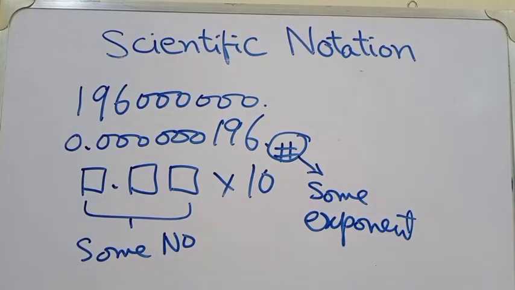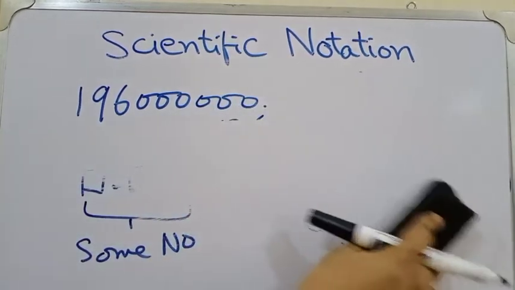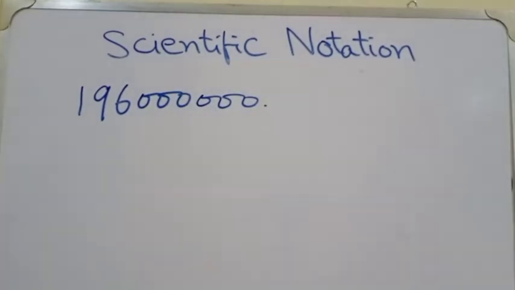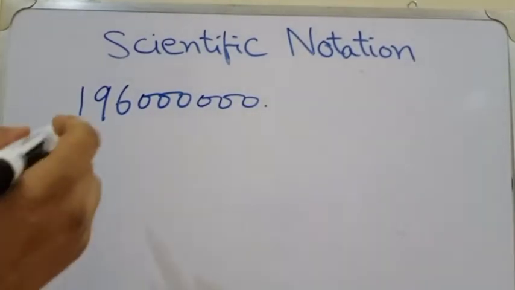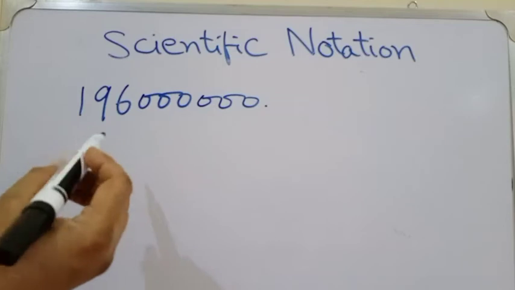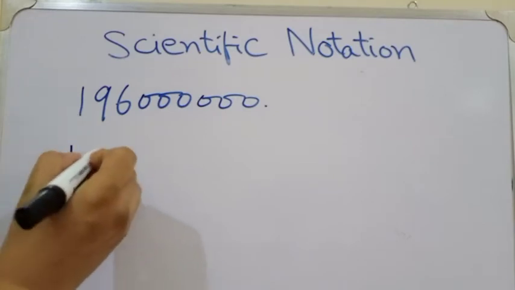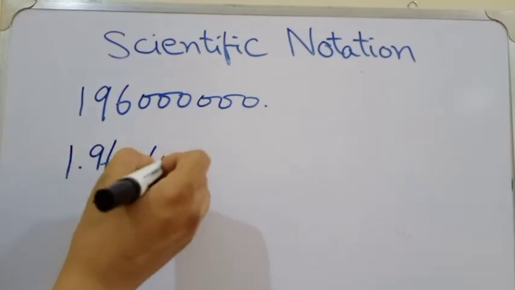For example, we take the number 196 million. The equivalent number in scientific notation is 1.96 multiplied by 10 raised to the power 8.